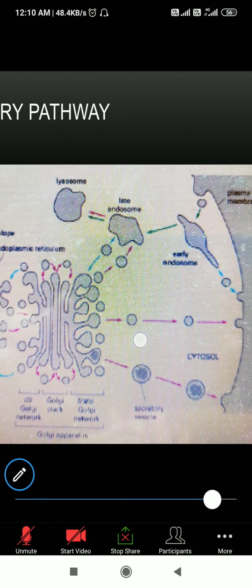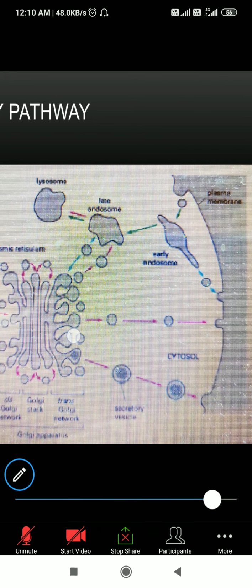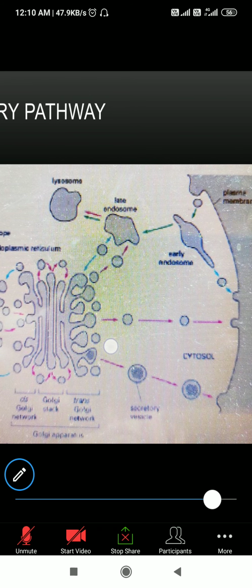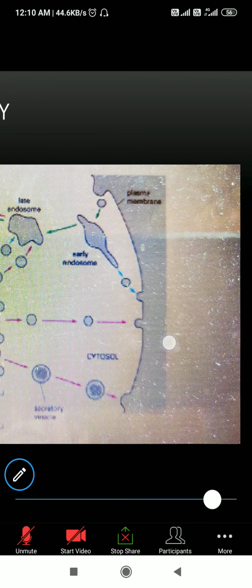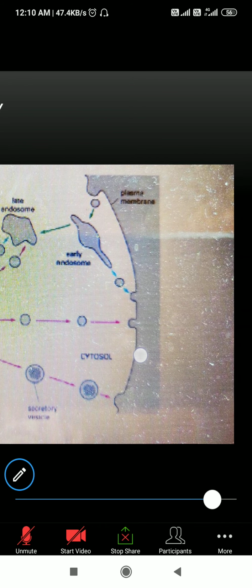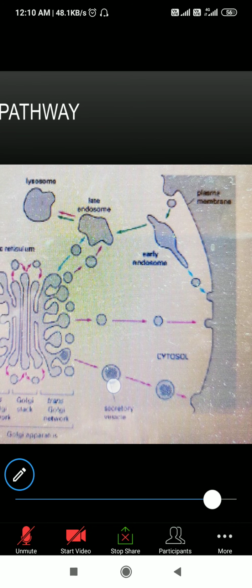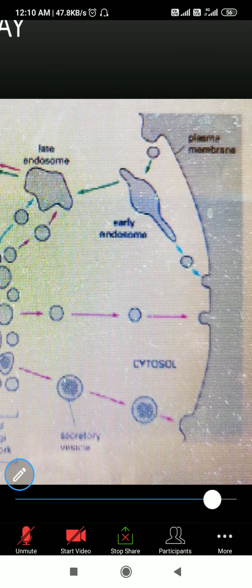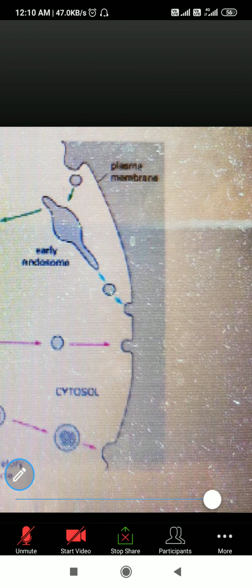In another pathway, they bud off at the trans side of the Golgi bodies in vesicular form, then become part of the plasma membrane. Or they are in secretory vesicles, which fuse with the plasma membrane, and the secretory proteins are thrown out of the cell.